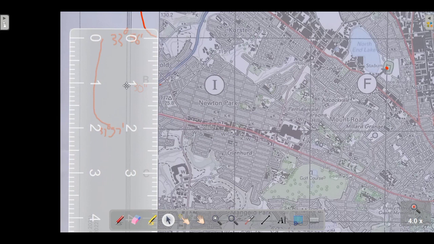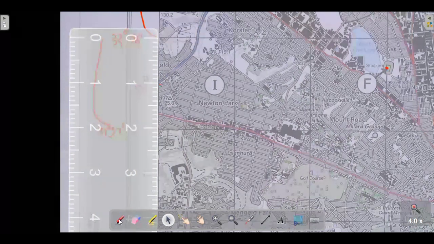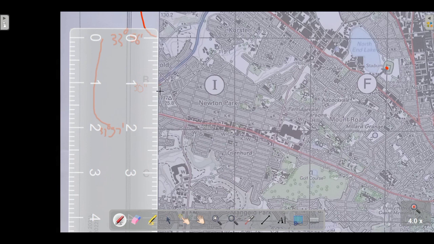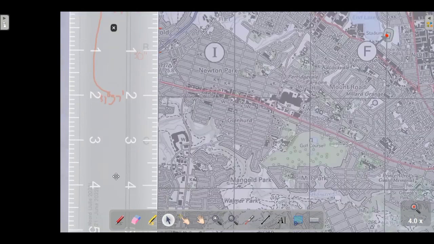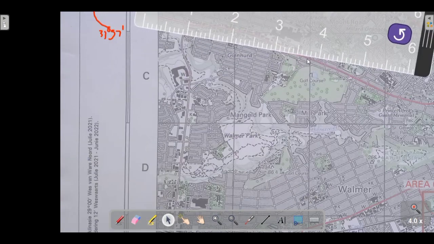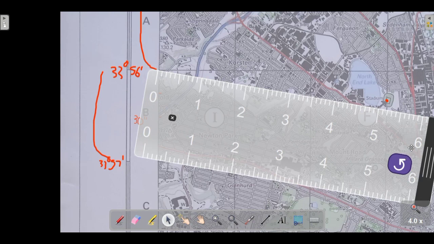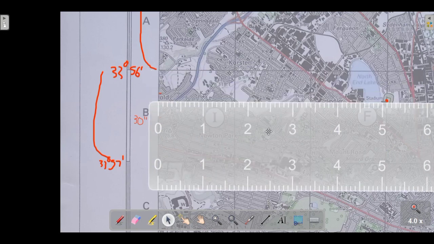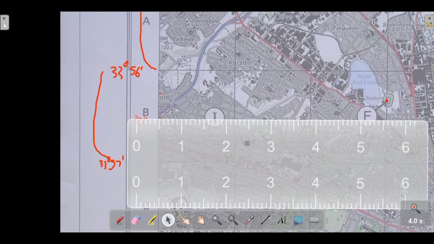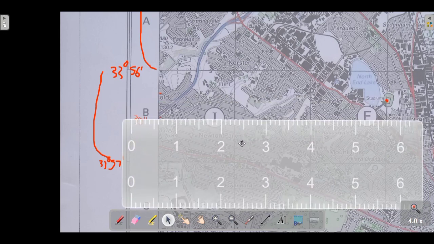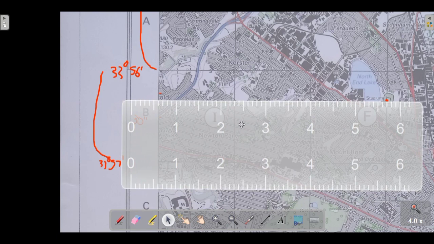Looking for the half of a half, which is about 15, so it should be somewhere there. That should be 15. Then let's line it up again. This means that our point is below 30 but above 15.